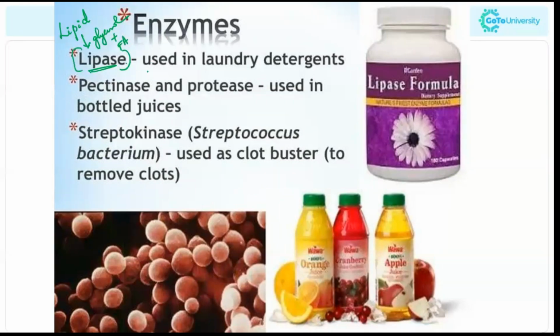These lipase enzymes are used in laundry detergents, and are also produced by microorganisms. They can be used to cleave the fat kind of dirt present in the cloth. Okay.